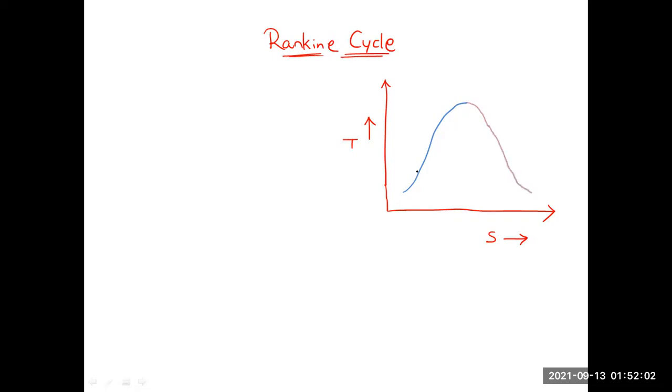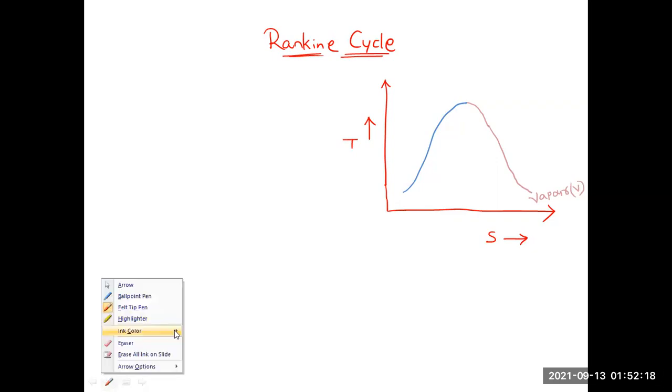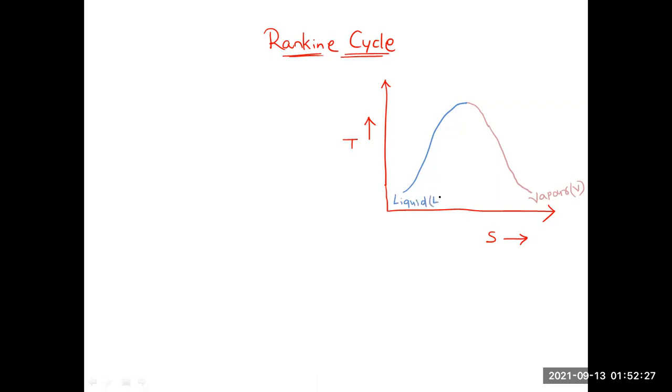You can see here we have 2 lines. This line indicates the vapor phase, so for vapor I am writing V, and this blue color line will indicate the liquid phase.